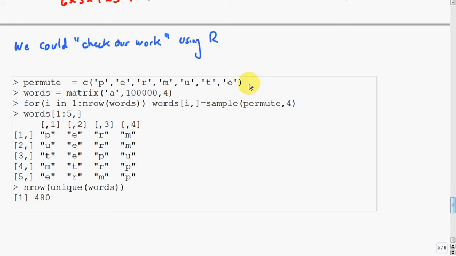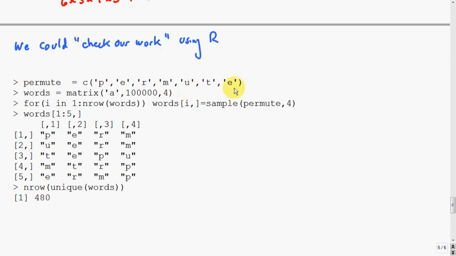So let me just explain the code that I'm using here to do this. I made a variable called permute, and it was a vector with the letters P-E-R-M-U-T-E in it. And then what I'm going to do is simply tell R to do this sampling many times. So just randomly pick 4 from the 7, and then I'll count how many unique words I get.